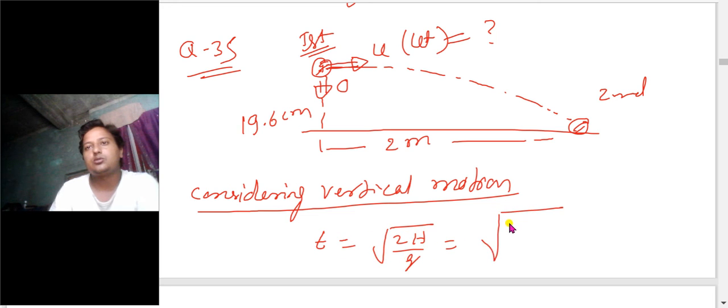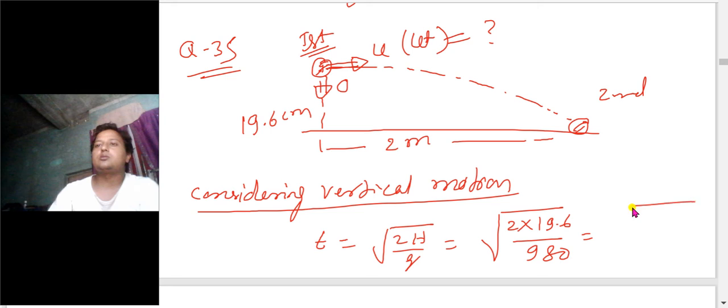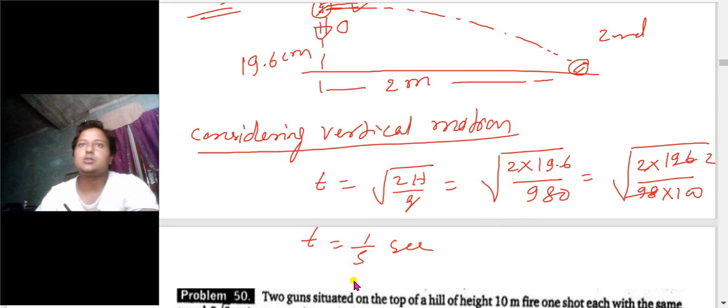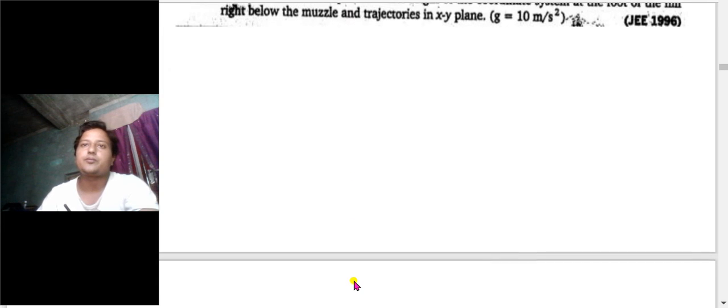That equals under root 2 multiplied by 19.6 over 980, which is 2 multiplied by 196, 98 multiplied by 100. So the answer is, time is 1 over 5 seconds.